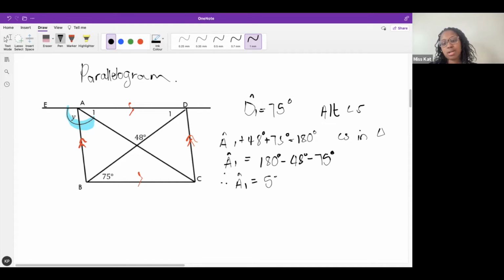57 degrees. Now, if y is an angle next to A1 and they are on a straight line, how am I going to find it? I think it's y plus 57 equals 180. Adjacent angles on a straight line. Here we go. So y plus the 57 will give you 180 because they are adjacent angles on a straight line.